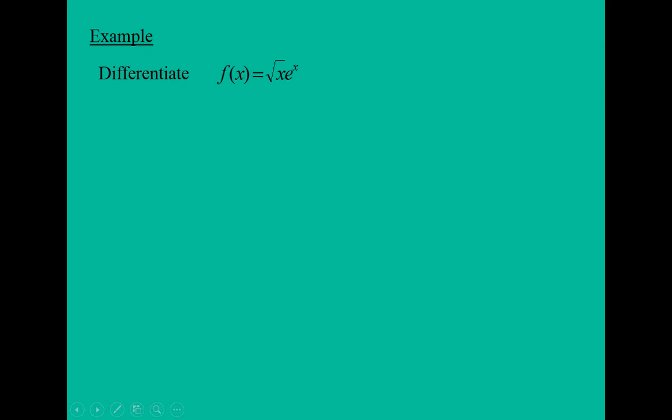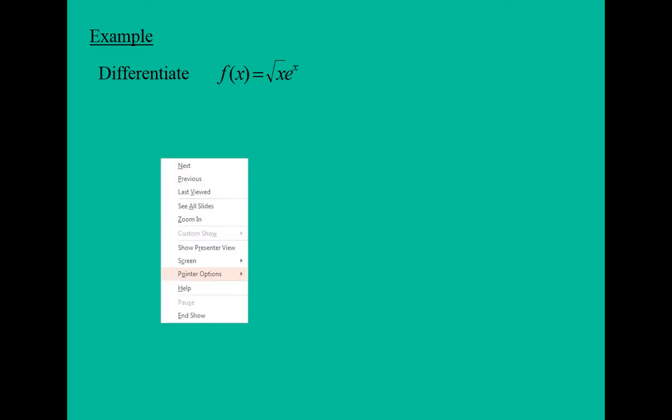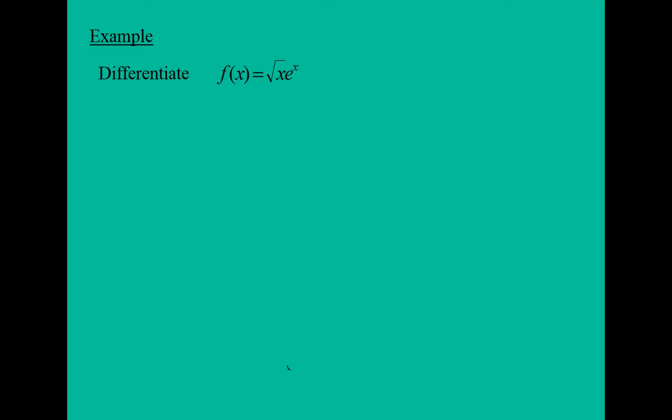So differentiate the square root of x times e to the x. So you can see we have an f of x times our g of x. Since our function is f of x, I'm going to say we have an h of x times a g of x.